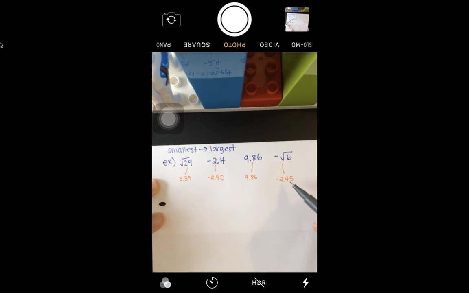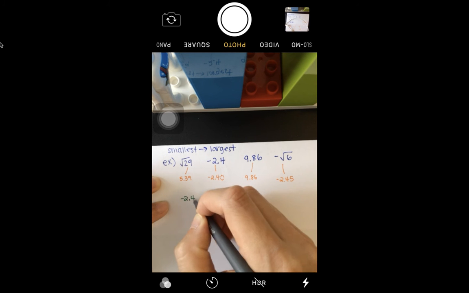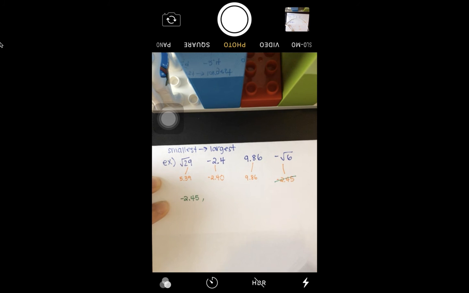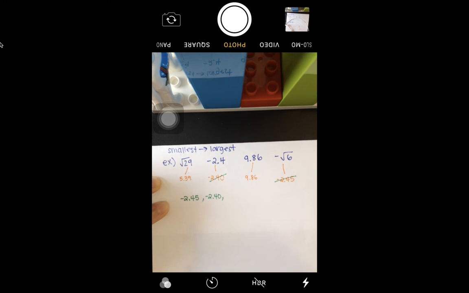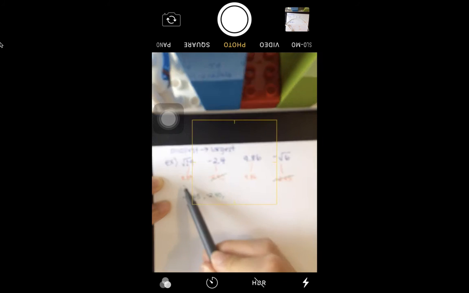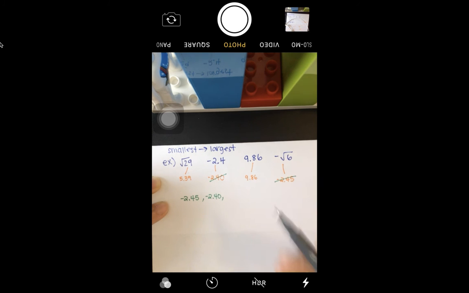Remember with negatives, the bigger the digit, the smaller the number is, because it's farther away from the zero on the number line. So you just have to remind yourself. So negative 2.45 is the smallest, then negative 2.40 is the next smallest. Okay, now let's think about money. $5.39, $9.86.